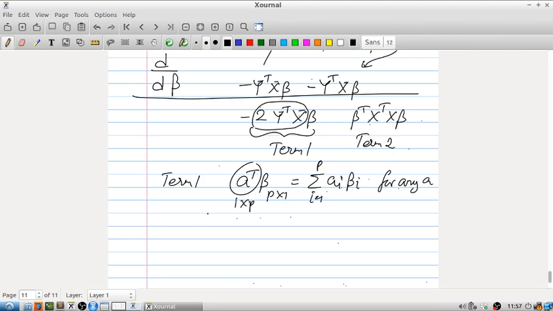Then the derivative, let me pick a beta j, which is a scalar. What is the derivative of A transpose beta with respect to beta j? It's just a_j. In the sum, only one term involves beta j and its coefficient is a_j. So that's the only thing which will remain if I take the derivative of this summation with respect to beta j.